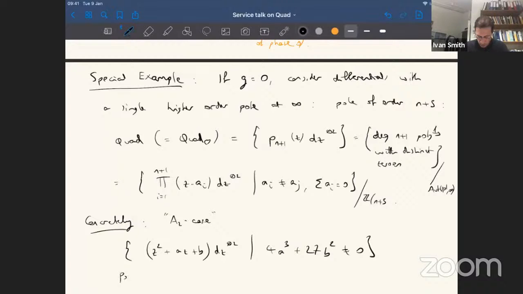And now the periods, which correspond to the central charges of the associated stability condition, are just given by integrating over gamma_i the square root of q(z) dz, where this was my differential q(z) dz squared, and the gamma_i are taken from a basis of periods of the elliptic curve, which is the double cover of the plane given by w squared equals q(z).